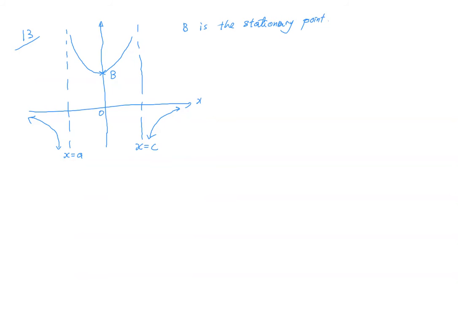So now you try to draw the sign diagram of f prime x and f double prime x. Then you figure out what the f prime x graph is like. Okay, if you have figured out already, then you try to answer this question as well.